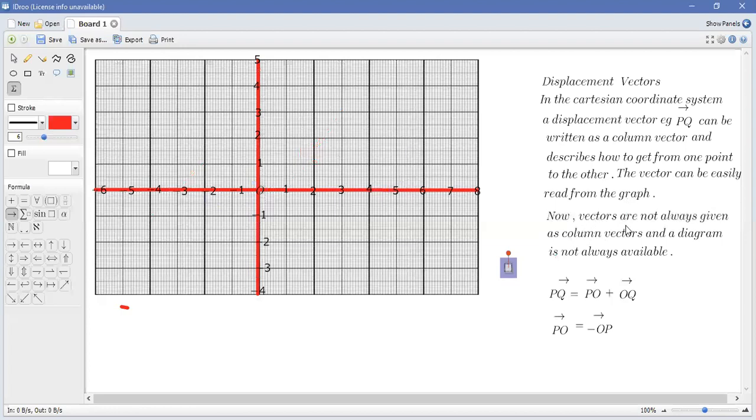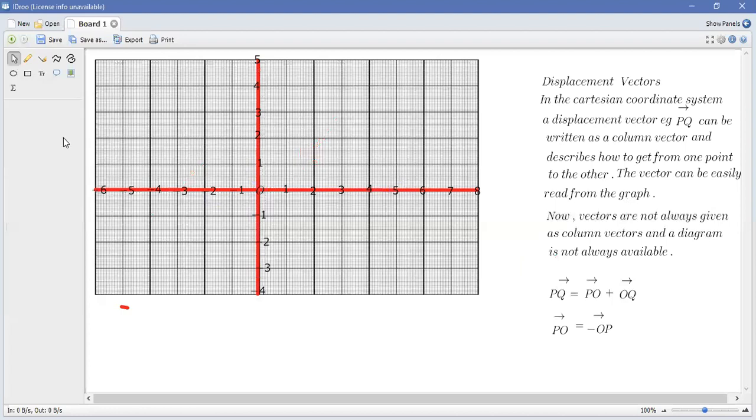Now, vectors are not always given as column vectors, and that diagram is not always available, which you'll see in your exams. So, in a case like that, these two facts or principles are used, okay? And you're going to see how that is done. Let us start off.